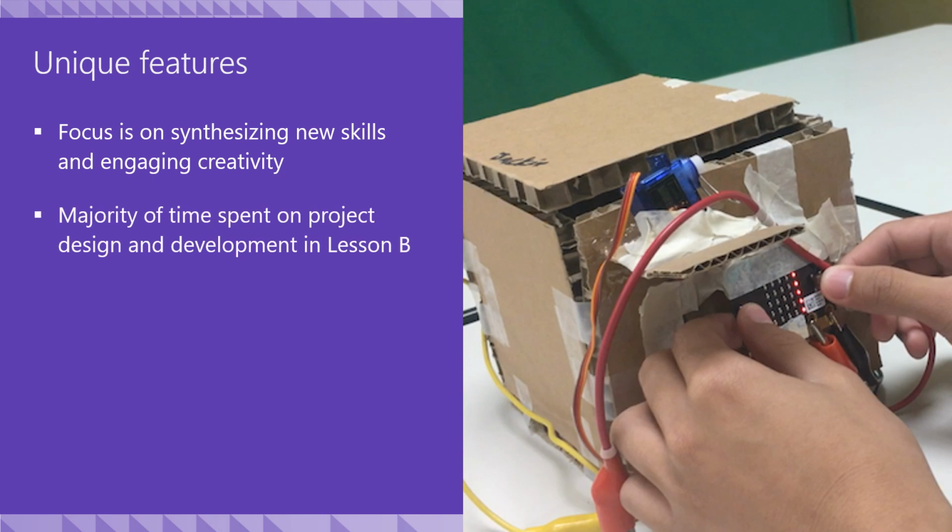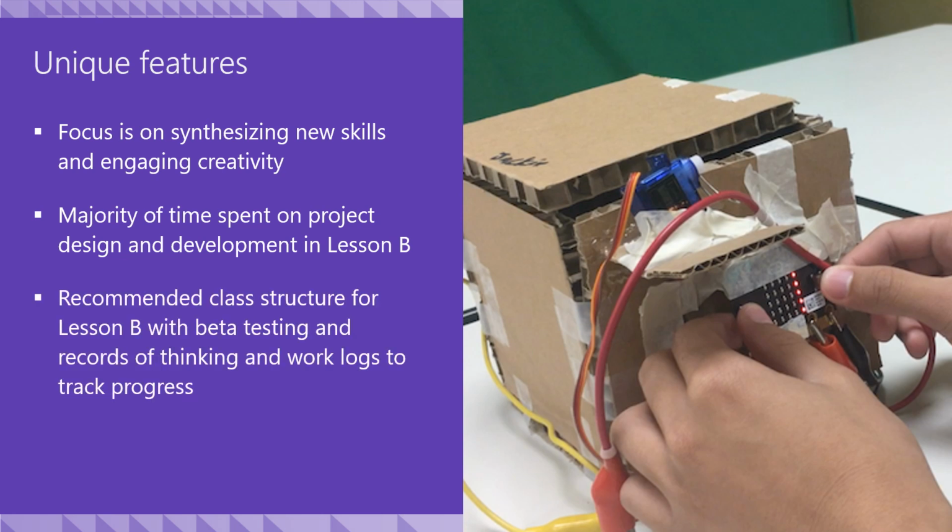So your students are going to spend the majority of their time on project design and development in Lesson B. And we've provided some recommendations about class structure for Lesson B, including spending some time having students test each other's projects while they're in the process of being made and giving people feedback, taking feedback and iterating on your design, keeping work logs to chart their progress, and also records of thinking, which are kind of like journal entries that look at the work logs and come to some conclusions about how their learning is progressing. And then finally, Lesson C is going to be our final project showcase.